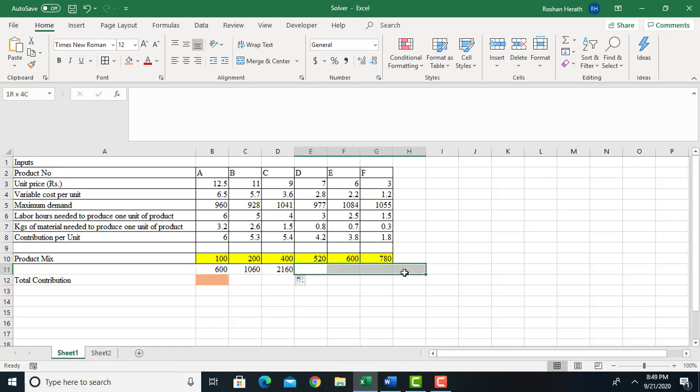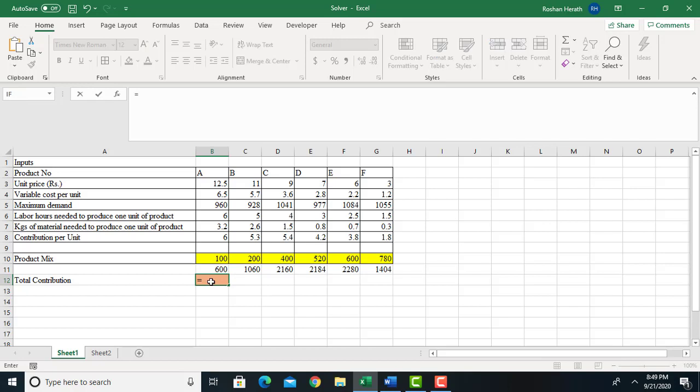If you drag this, it will give you the contribution for each product. And in order to get the total contribution, you can simply take the summation of this. Here we do not have any fixed cost being given, so that's why we worked out the total contribution. You can see that once you do so, that's 9,688.